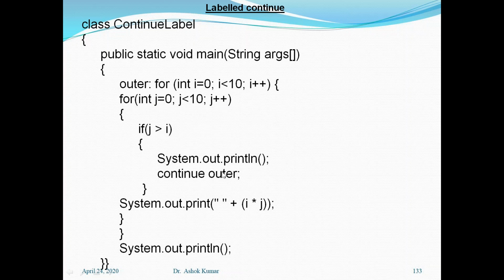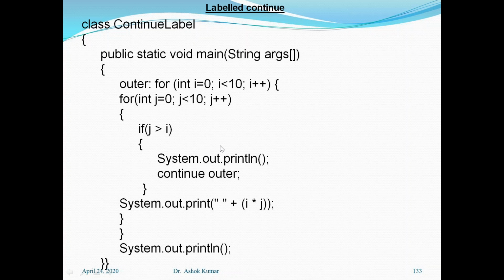But because we are using continue with a label, this continue will jump the control to this statement, because the outer label is this, so control will go here to this expression. So this is the purpose of the labeled continue. You can transfer the control to the increment part of the outer loop as well. Otherwise the control will go to the increment part of the loop that is containing the continue statement.